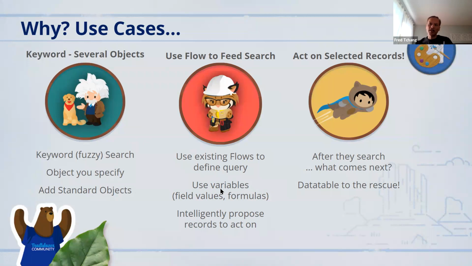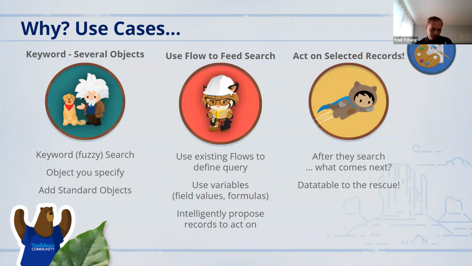You might have existing flows where you want to add some ability to search for records, right? This also allows you to use variables, right? So I can take information that's already on my case, right? So if for some reason I wanted to use certain search terms already and just have it automatically present certain cases.